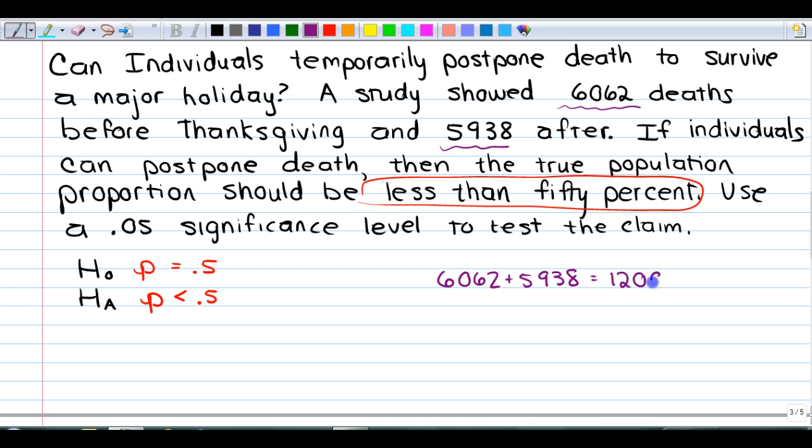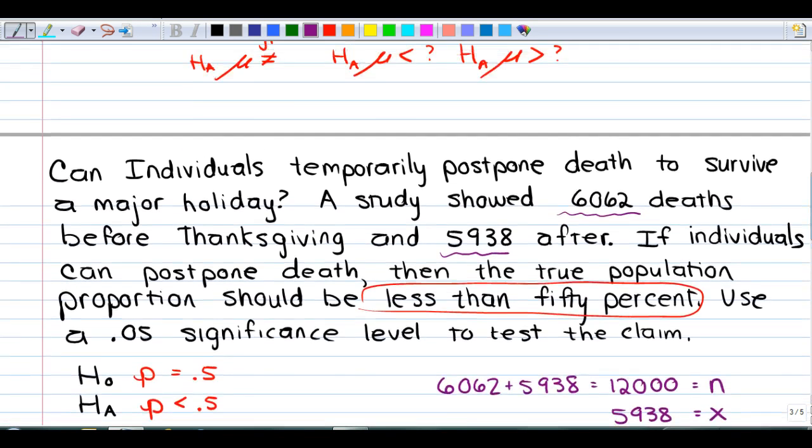That's 12,000. That's N. The people that were able to postpone their death and make it through Thanksgiving, that's the X. That's the 5,938. And that's all we need to run a proportion test.